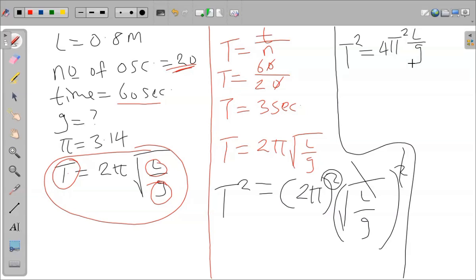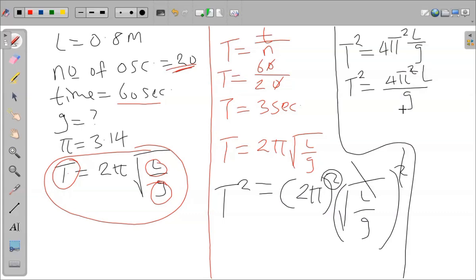So the next thing is I am going to cross multiply. This arrangement is the same thing as saying T squared equal to 4 pi squared L over g. It's the same arrangement.